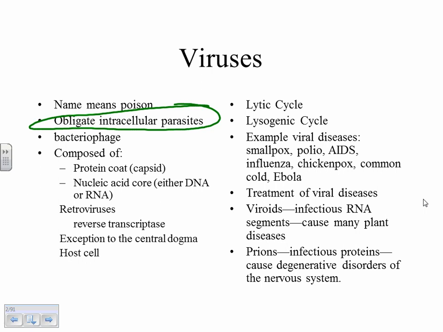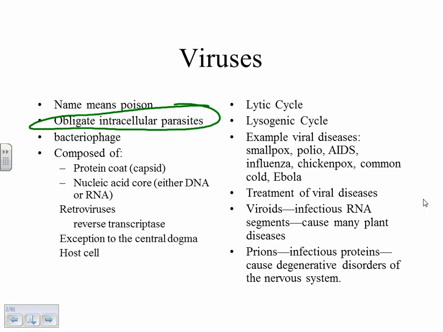A question we might as well go ahead and deal with now. Are viruses alive? It's kind of controversial, but normally in an intro biology class, one of the first things that you talk about are the characteristics of living things. And there's several of them that viruses don't have.